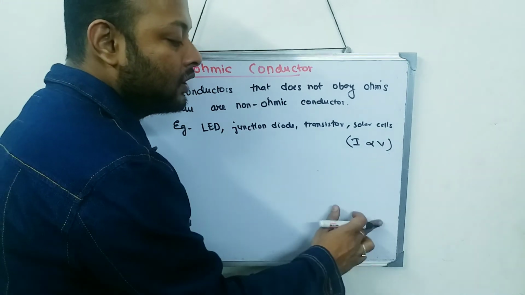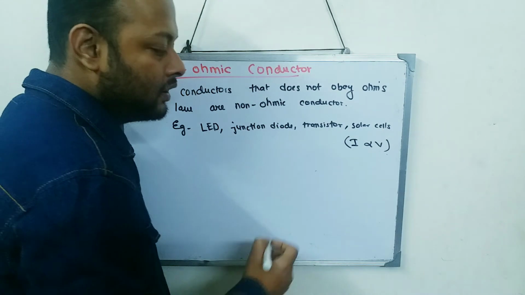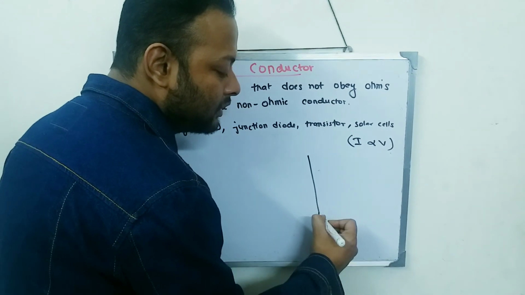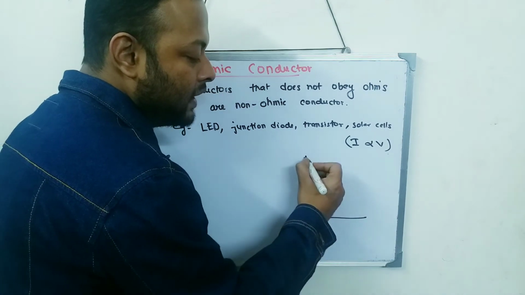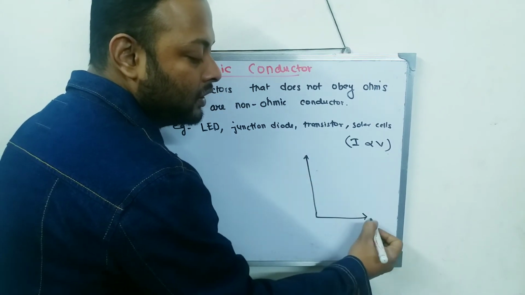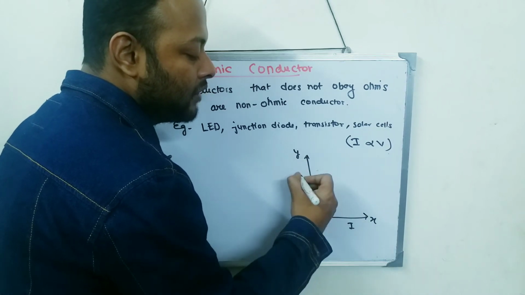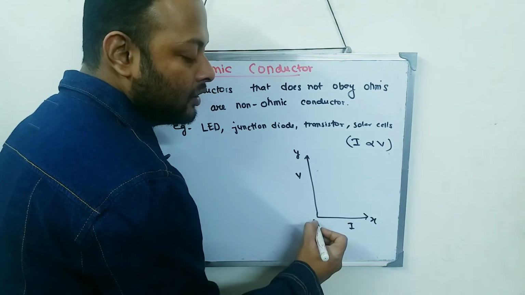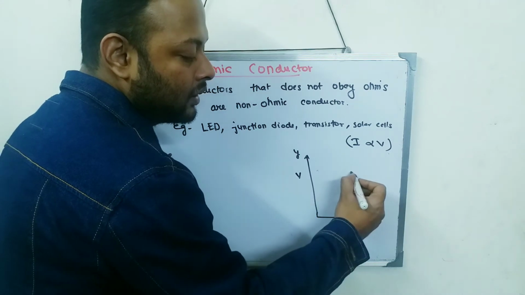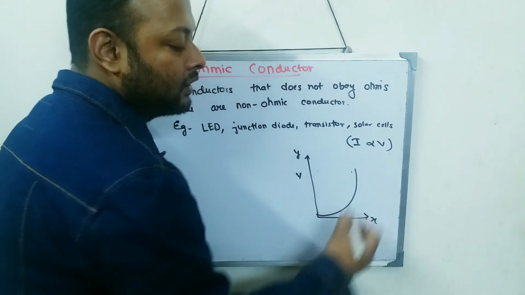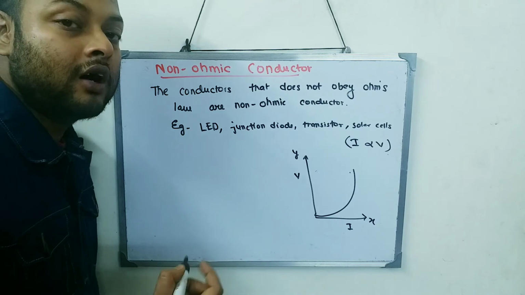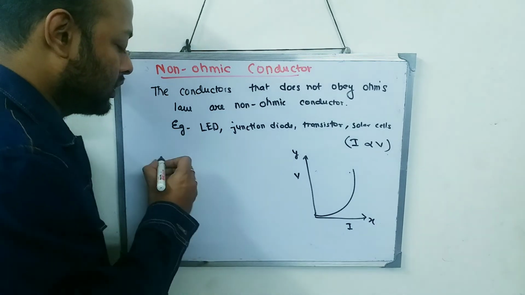Now if we draw the graph of a non-ohmic conductor, the graph will look something like this. Suppose on the x-axis we have the current, and on the y-axis we have the voltage. For a non-ohmic conductor, the graph will be a curved line.